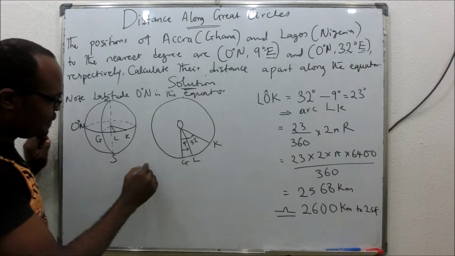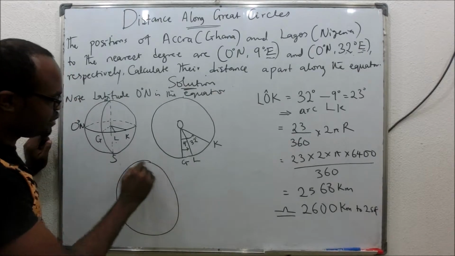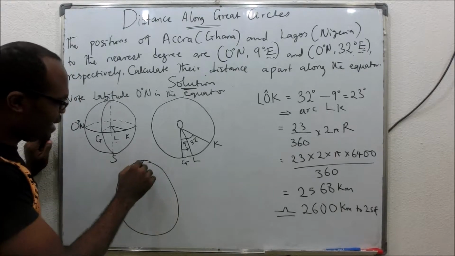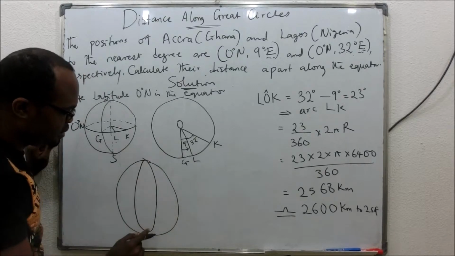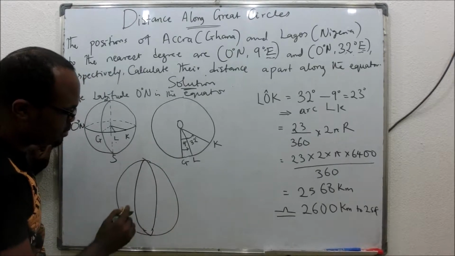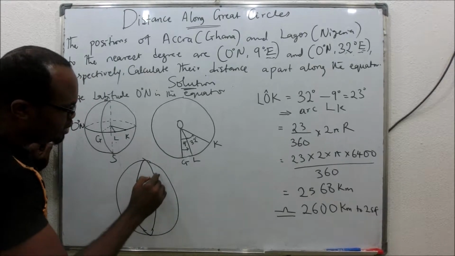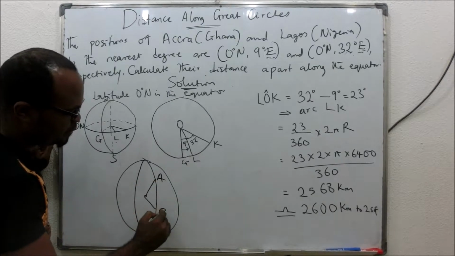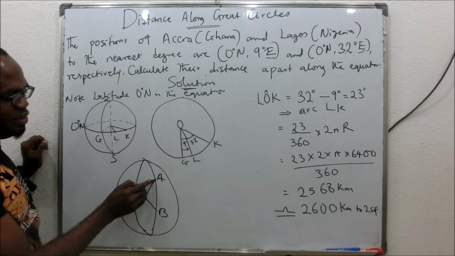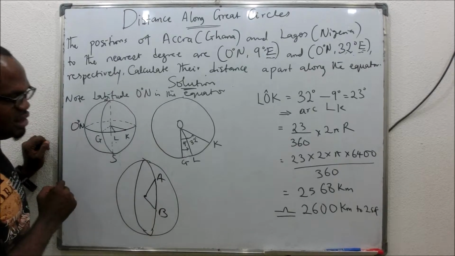Let's say you have another calculation and you have points A and B, and you're told to calculate the distance between these 2 points. How do you do it?